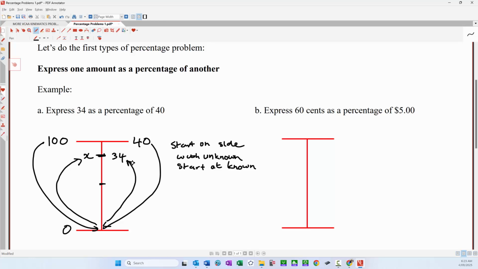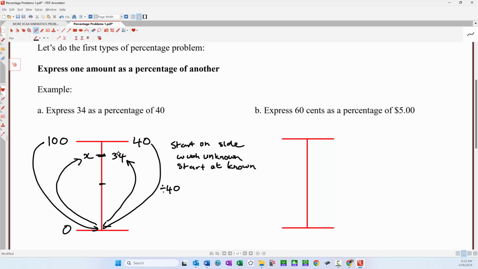What do we put on these arrows? We want 40 to go down to 1. How would I get 40 down to 1? I'm going to divide it by 40. Now we're at 1. What do I do to get to 34? The only operations we're allowed to use are divide and multiply.